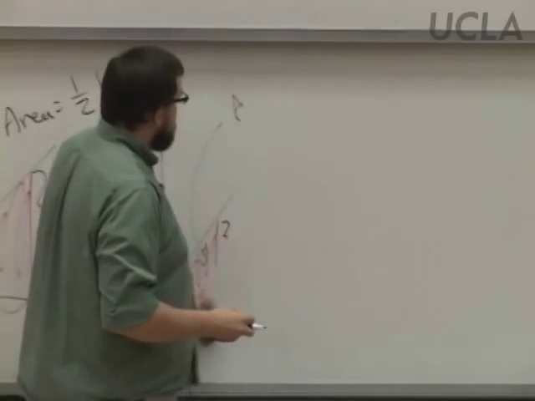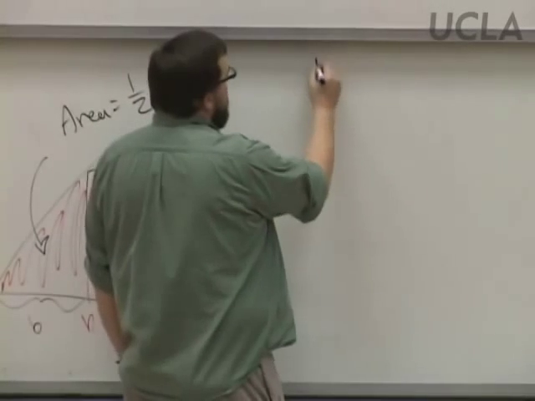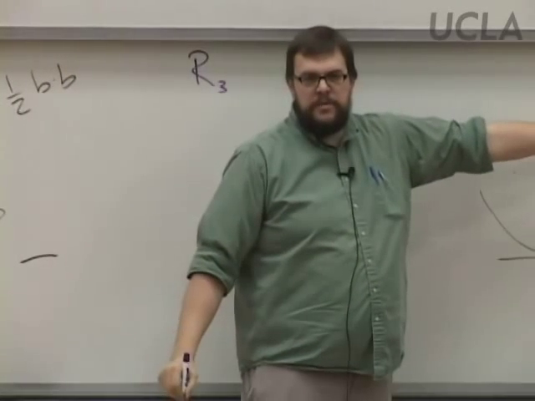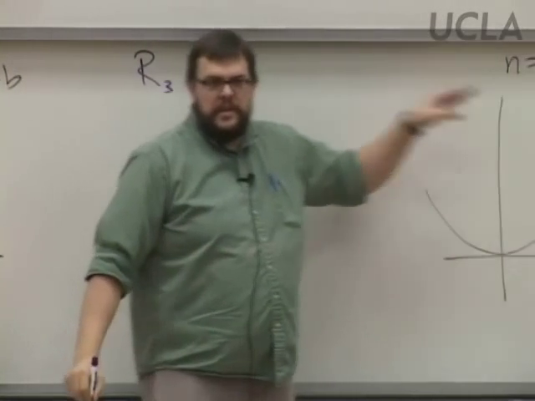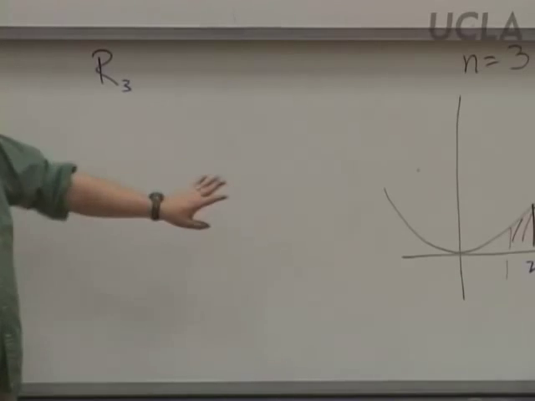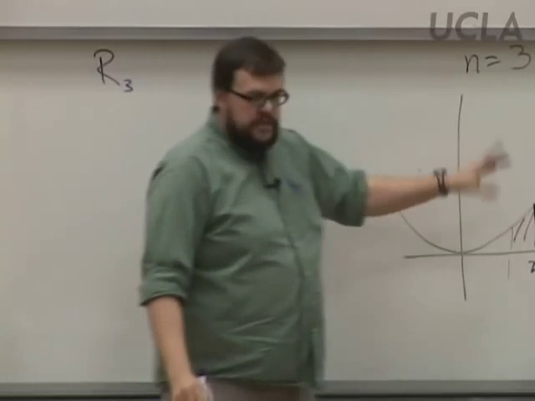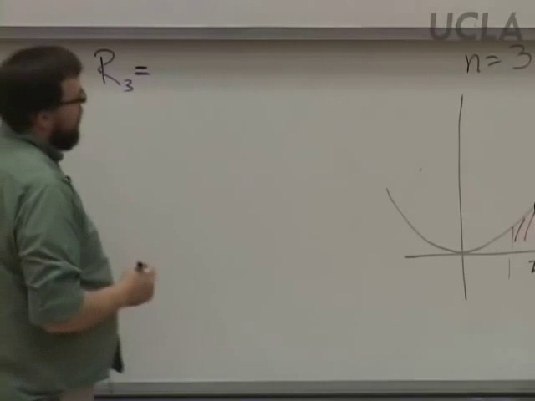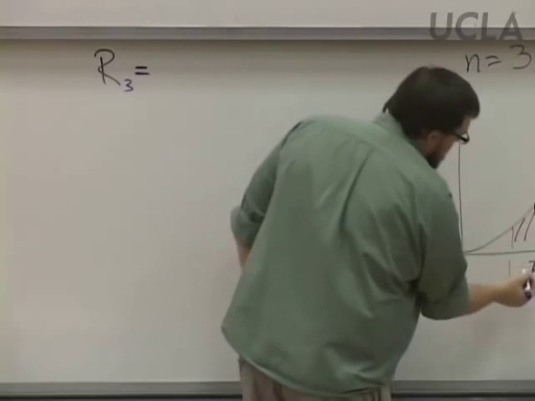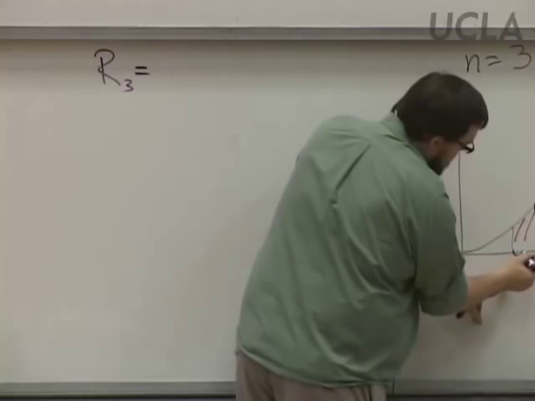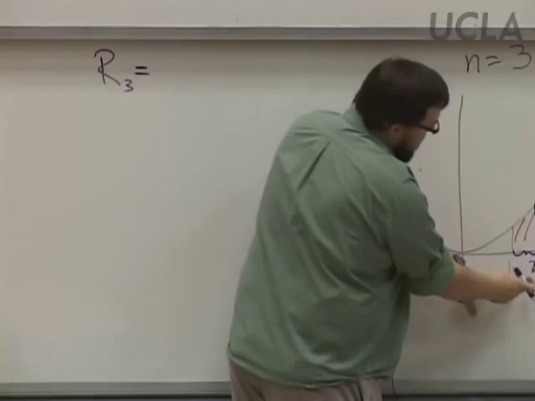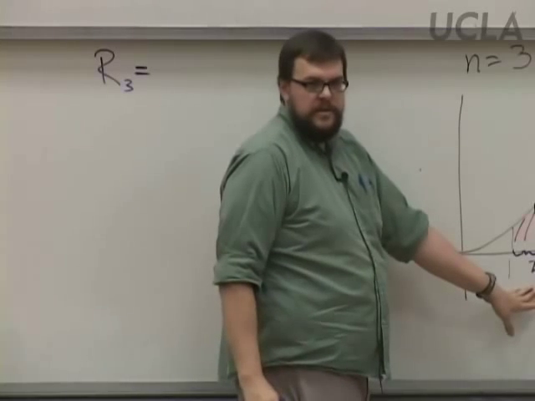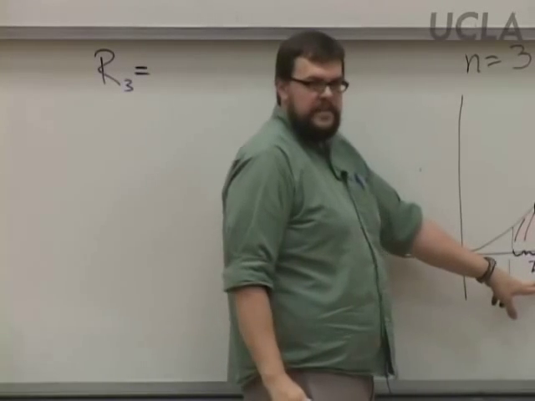So the right-hand sum, which we use an r to denote, and a 3, the 3 just denotes how many pieces we subdivide into. So the right-hand sum, where I divide y equals x squared between 1 and 4 into 3 intervals, will be, well, just go through each single interval here. So at what point will I choose between 1 and 2? I'll choose 2, because it's on the right-hand side.